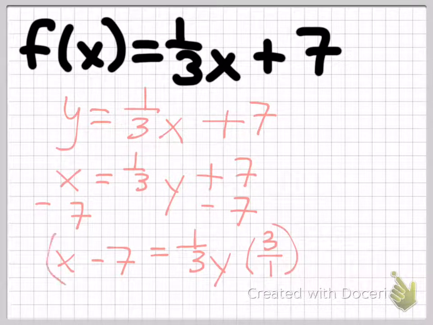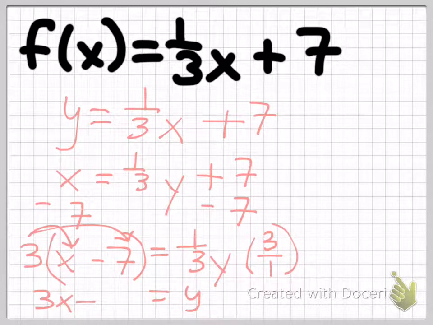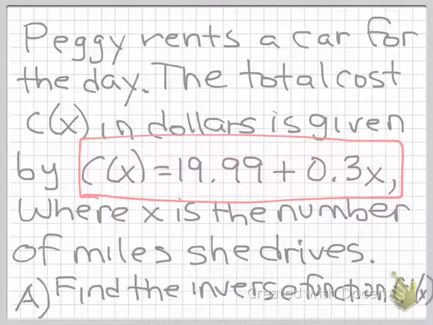So I'm going to multiply both sides by 3, or 3 over 1. That gets y by itself. And then I'm going to distribute the 3 to both parts here. And I have y equals 3x minus 21, and then I would replace the y to indicate it's the inverse, with f to the negative 1 of x equals 3x minus 21.